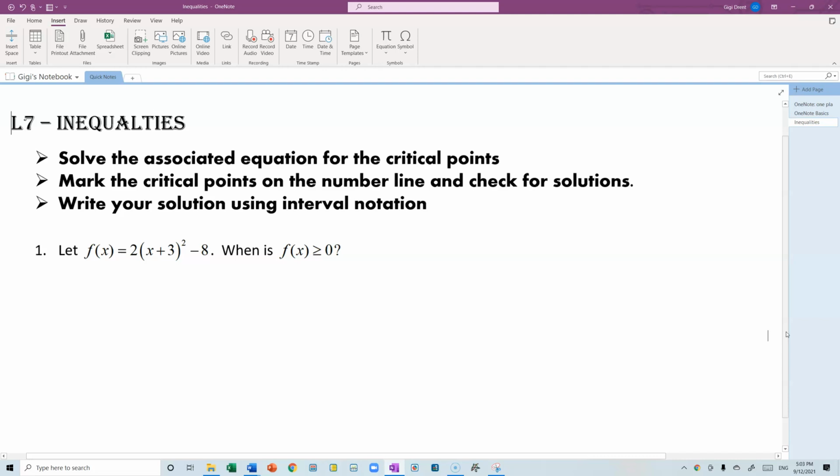So with that said, let's take a look at this example here. Suppose the question is asking you, when is f of x, this function here, greater than or equal to 0?